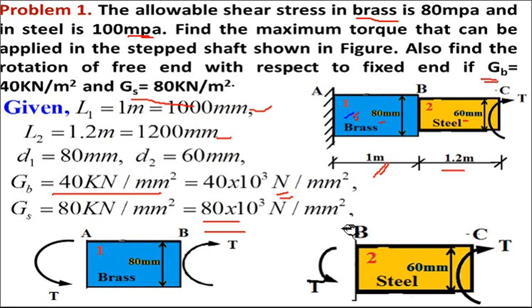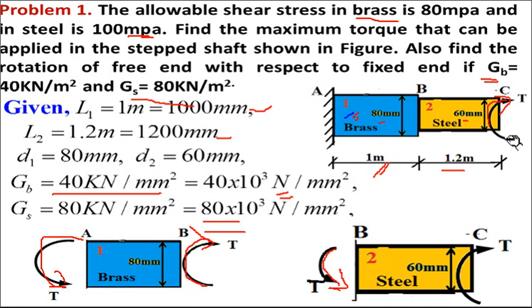Now while solving this particular type of problem, we know that torques are the same. So torques are the same means what? At the outer end here, T is acting clockwise, means to balance this, at this end there must be an anti-clockwise T. Whenever there is an anti-clockwise T here, it must be a clockwise T at this end, and then there will be an anti-clockwise T at this end.